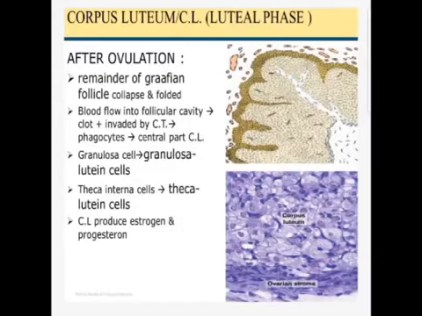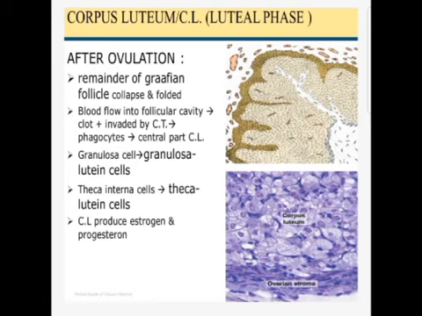What is the corpus luteum? That is the luteal phase. It happens so that after the ovulation, the remainder of the Graafian follicle collapses and it is folded. Blood flows into the follicular cavity because of the rupture of the cells. There is a clot formation, and this clot is invaded by the connective tissue and phagocytes.